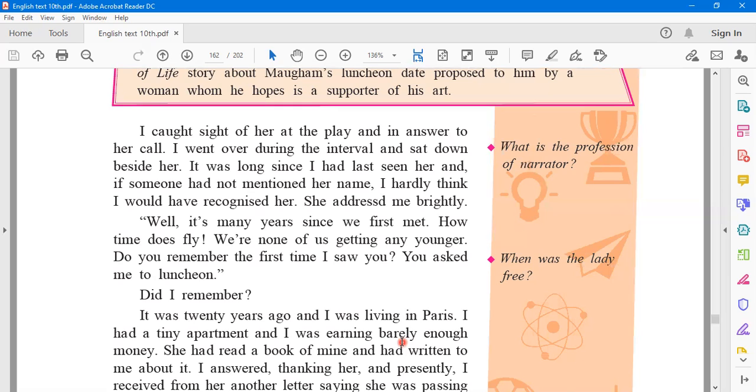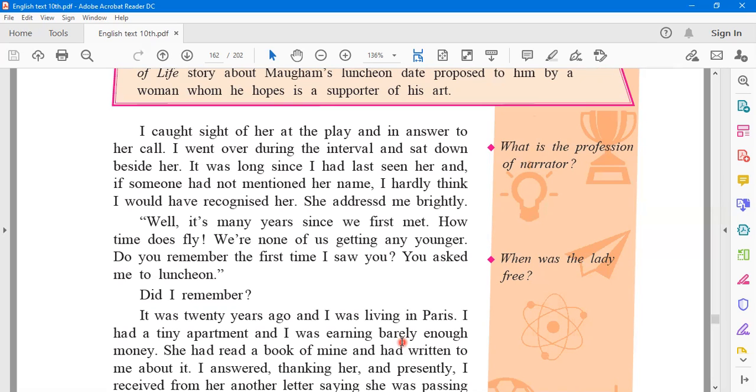And once you read and understand the conversation, you will be able to answer the true or false questions. Again, since it's a conversation, you can have questions related to who said to whom. So the narrator, or you can write the author, and the lady can be mentioned as the guest. Do you remember the first time I saw you?